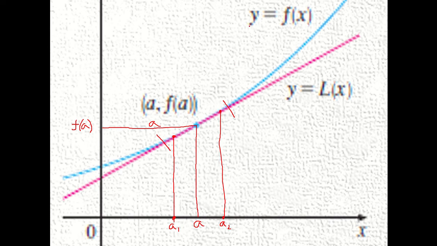Instead of using y equal to f of x, we can use a tangent line to find the approximate value of the function, where a1 and a2 are closer to a, because there are times, class, that it's difficult to find the value of the function closer to a, either from the left towards a or from the right towards a.